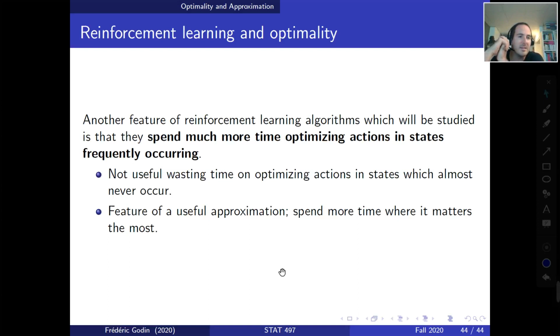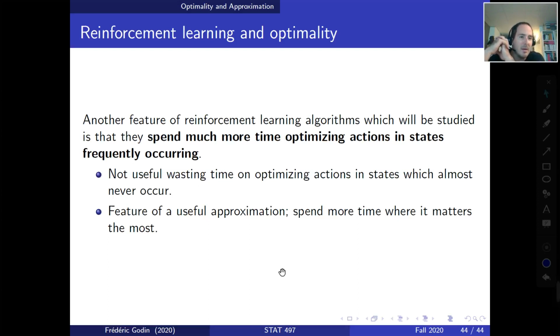But maybe some states or some configurations of the pieces are very unlikely in practice. Because they're very unlikely, it might not be very useful to optimize your action in these states. If you never face a given state or almost never face it, it doesn't matter if you don't play well in that state.